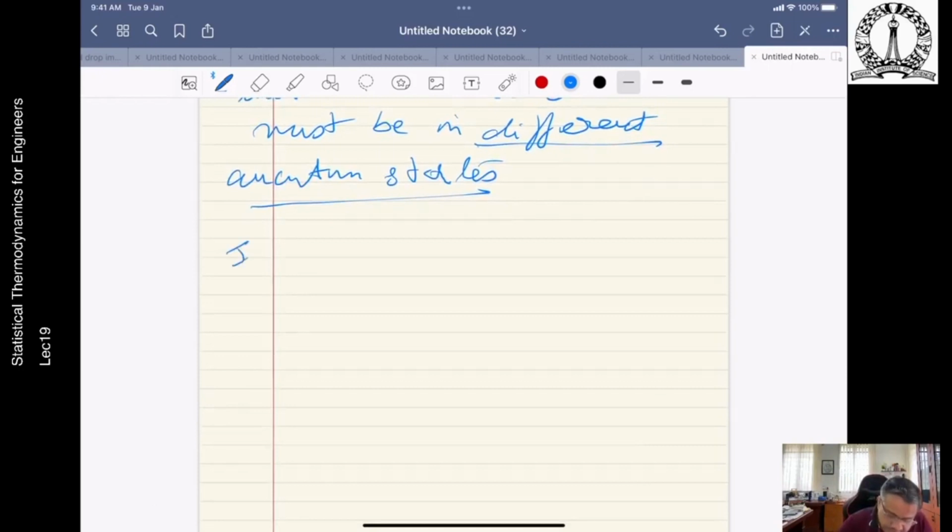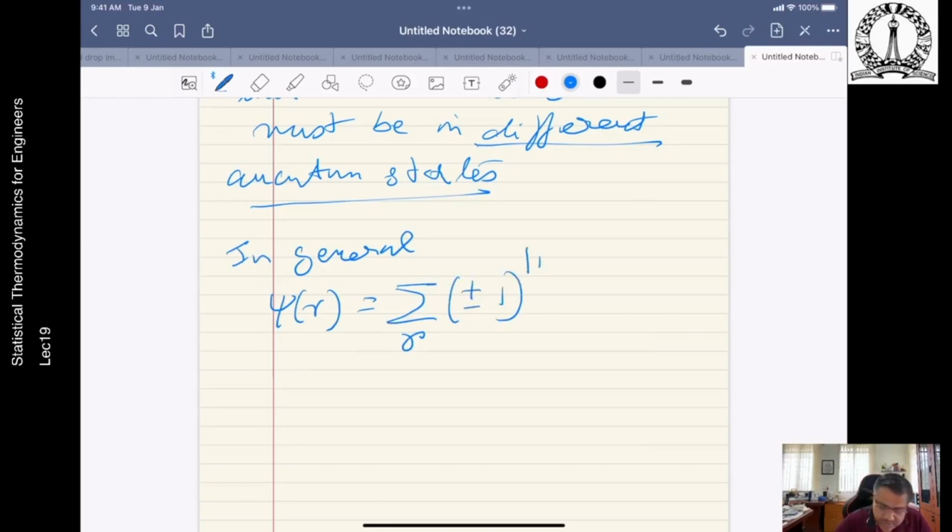So in general, we can write the wave function with R plus or minus 1. These are the number of ways in which the particles can be exchanged, which we covered in the previous lecture. And this is psi 1 R1, psi 2 R2.